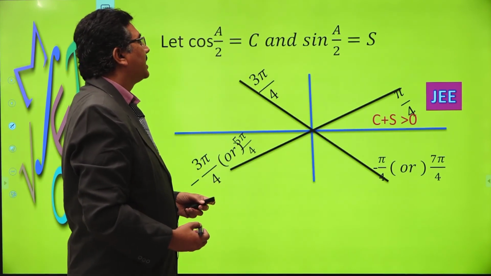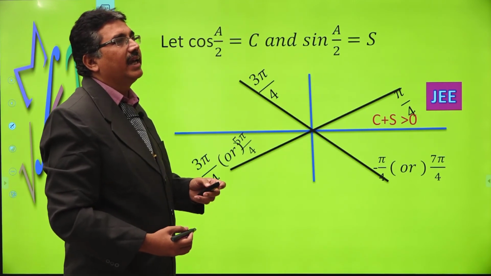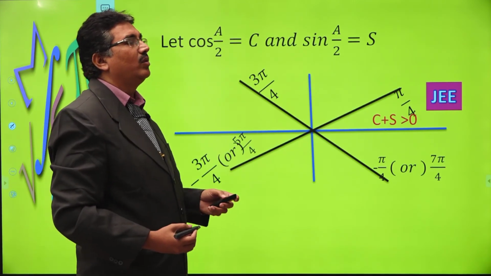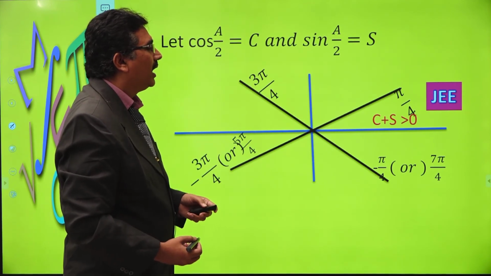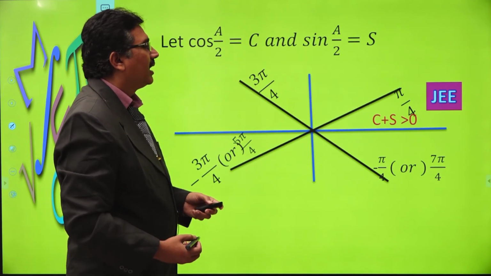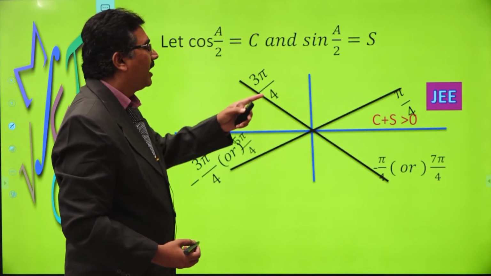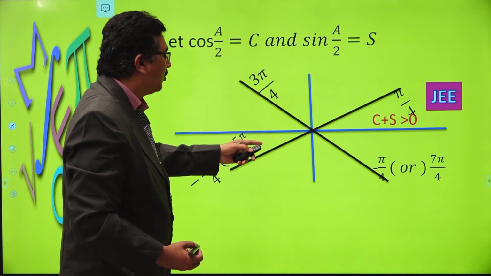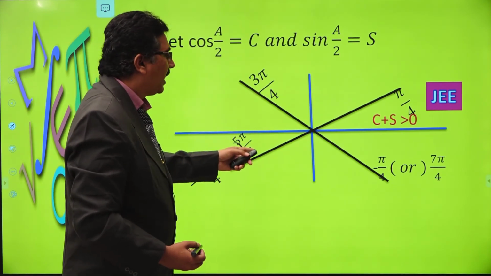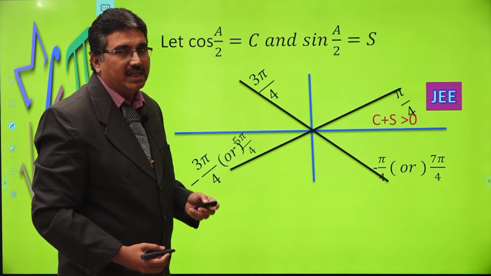Cos a by 2 plus sin a by 2 and cos a by 2 minus sin a by 2 divide the coordinate plane into 4 regions, that is minus pi by 4 to pi by 4, pi by 4 to 3 pi by 4, 3 pi by 4 to 5 pi by 4, 5 pi by 4 to 7 pi by 4, right?